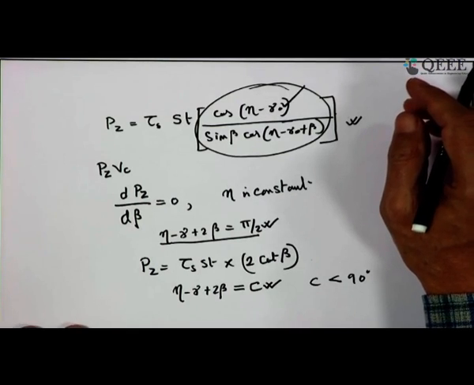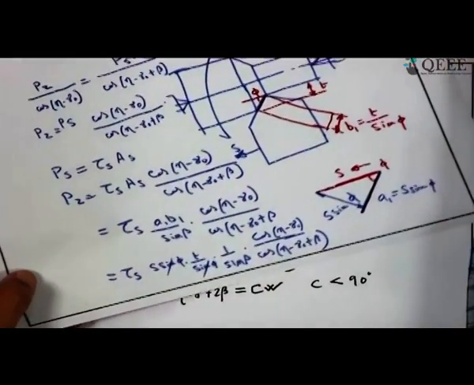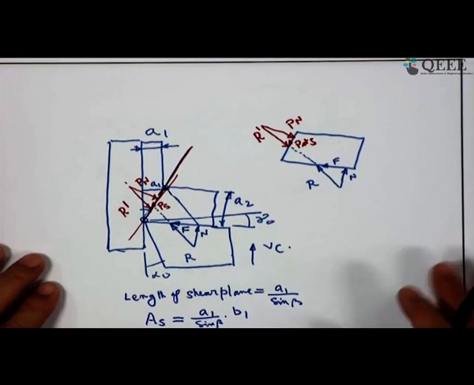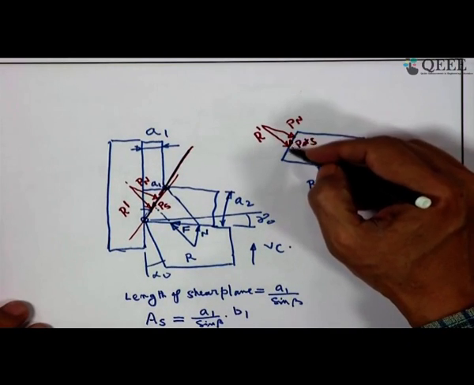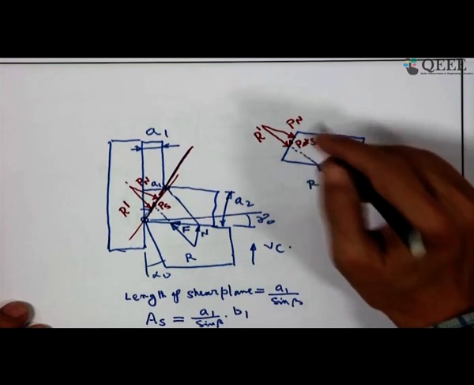Actually, what we would like to show here, let me get back to this one to save some time. Friend, in this diagram you see you have the Ps component and here is Pn. What is Ps?